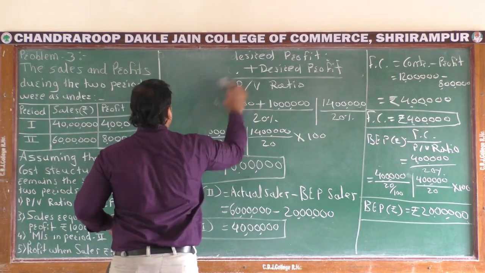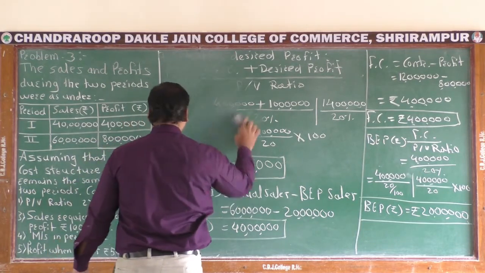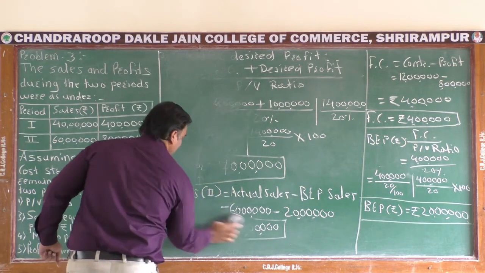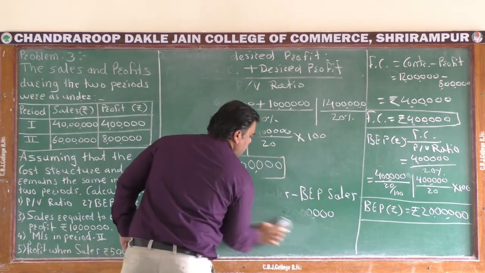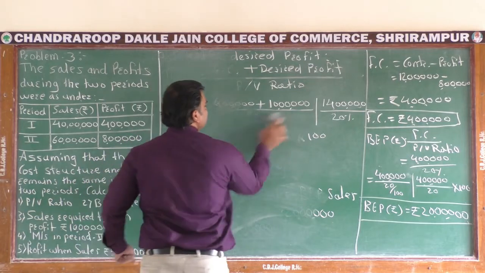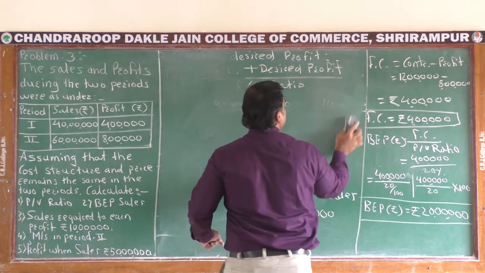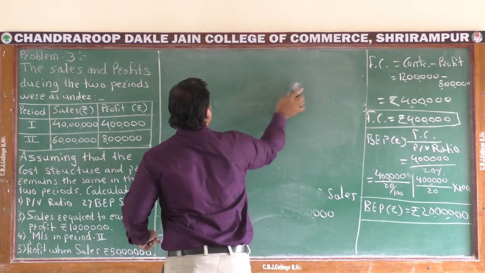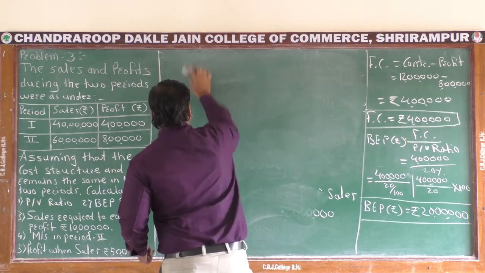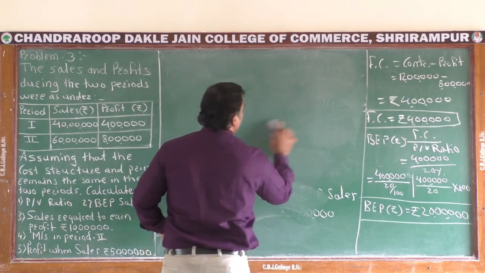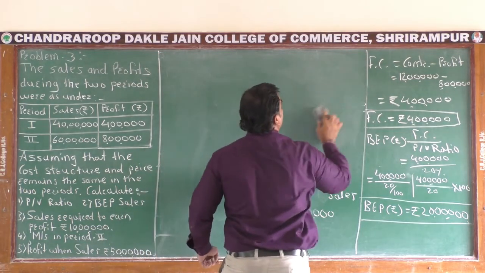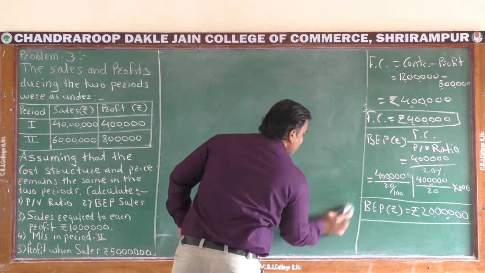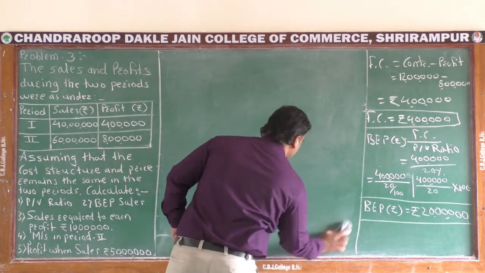So which formula can we utilize now? How can we calculate the profit? First we will have to calculate the amount of contribution. Then from the amount of contribution we will have to deduct the amount of fixed cost, and then the remaining item will be called as profit.